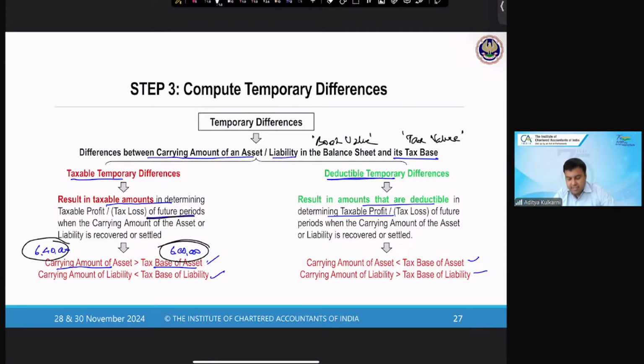This difference gets reversed in the future. It was 5-year SLM under the books. It is 4-year SLM under your tax records. So there are different reasons why you are having this difference. Now, this difference allows me to only adjust 6 lakh against the profits in the future, not 6,40,000. Are you able to follow?